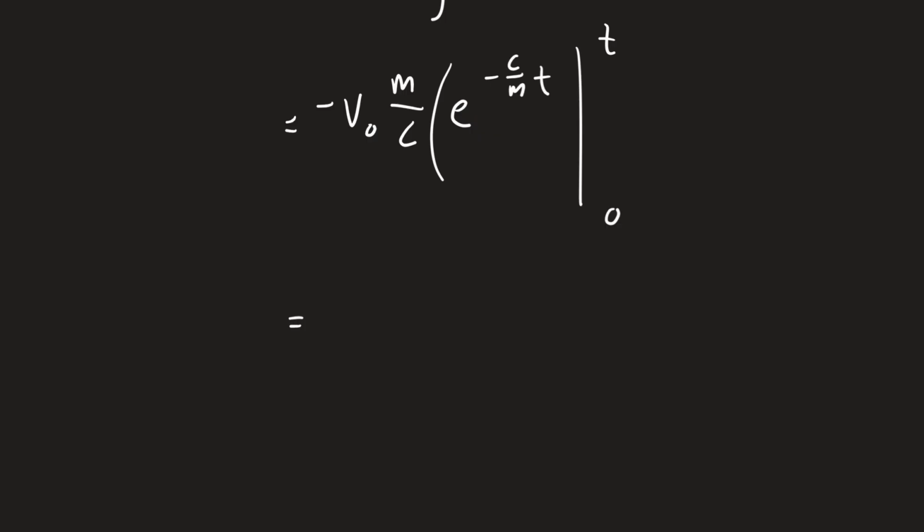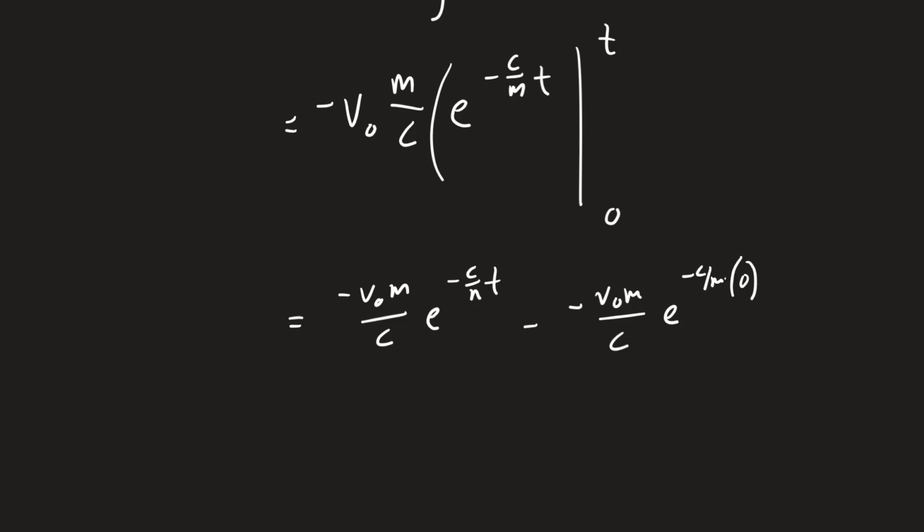The top boundary condition is negative v naught m over c e to the negative c over m t, minus negative v naught m over c e to the minus c over m t, but that t is replaced with 0 because that's our bottom boundary condition.